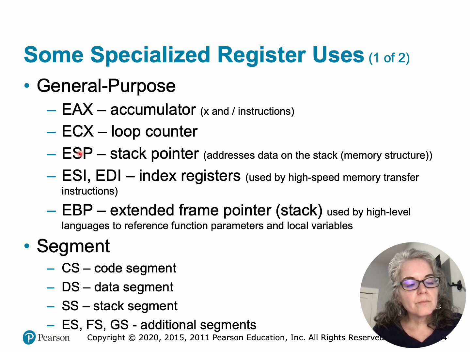So SP, stack pointer for the addresses of the data. BP is for the function parameters and local variables. Then we have segments like the code segment, data segment, stack segment, and additional segments.